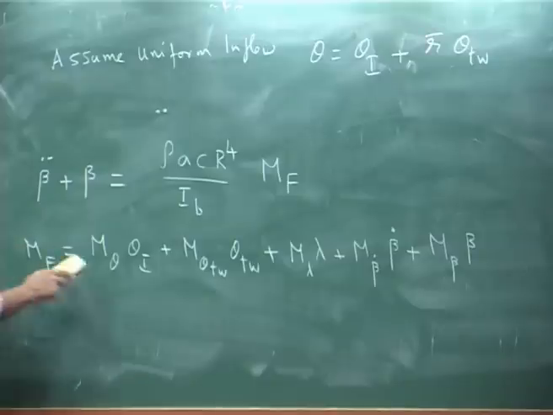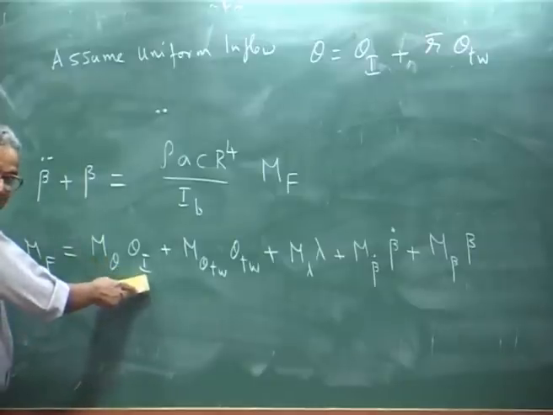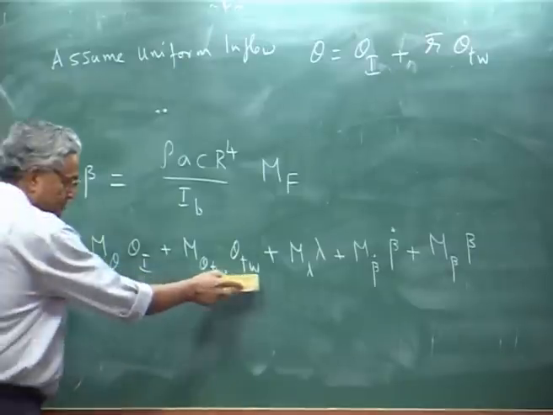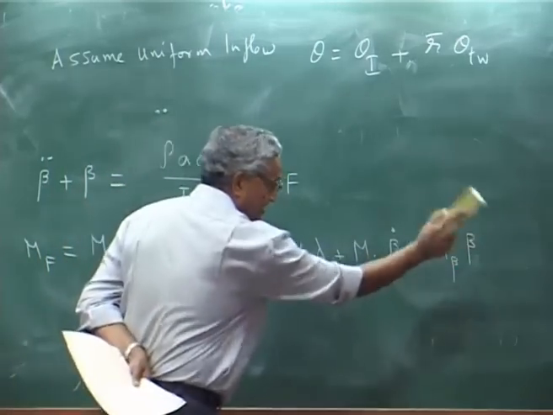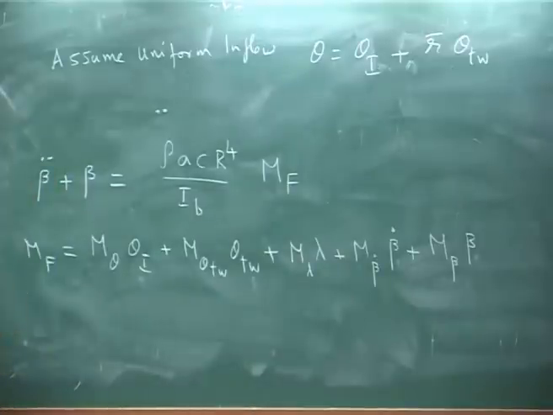Please understand, M F has theta I, theta twist, lambda, which I am taking as a constant, and beta.